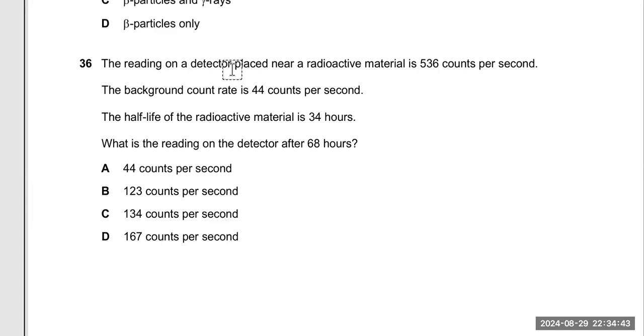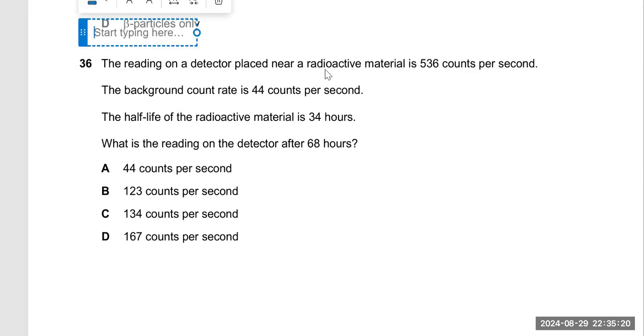The reading on the detector placed near radioactive material is 536 counts per second. It means the detector is detecting 536 counts per second. The background means the radiation coming from the atmosphere and from your surroundings, from different materials, and is 44 counts. So when you have to find the actual count, you have to subtract the background radiation from the radiation counted by the counter.